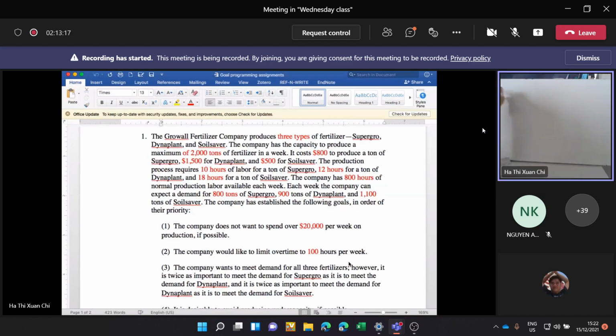Okay, everyone, we have 3 types. Soup, we have pineapple, soy sauce, so the maximum is 10.